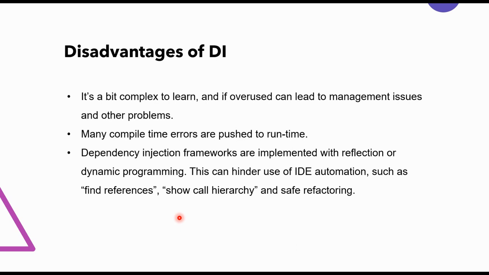This can hinder the use of IDE automations such as find references, show call hierarchy, and safe refactoring. It hides some of the usages in the IDE, so these features we cannot use properly if we use dependency injection.